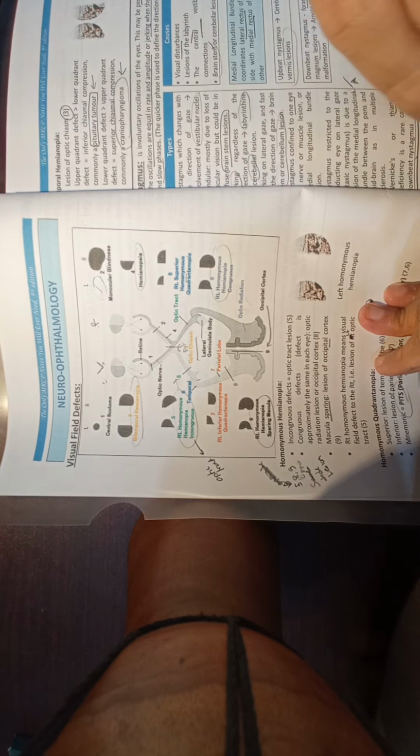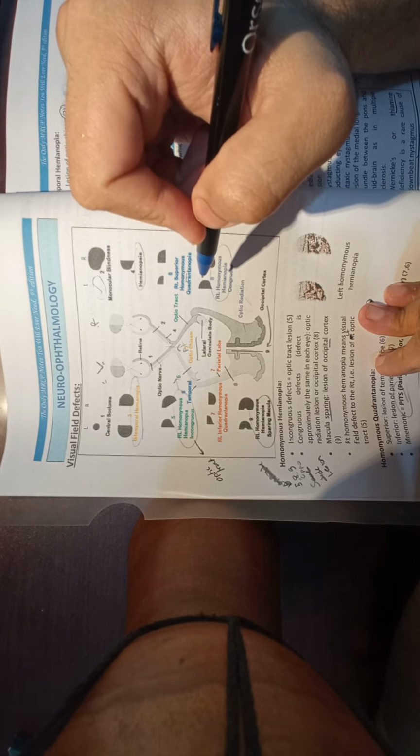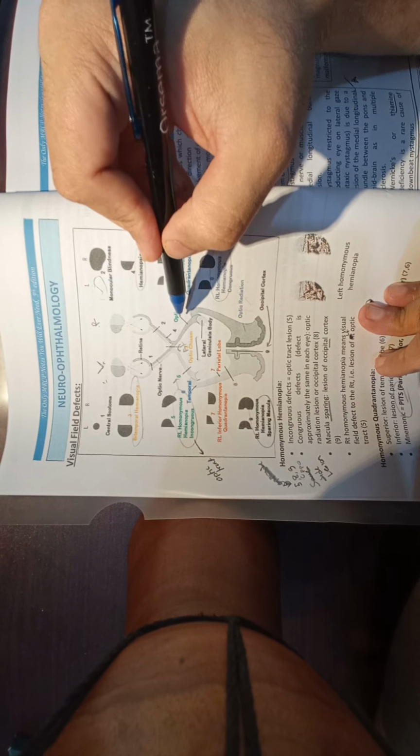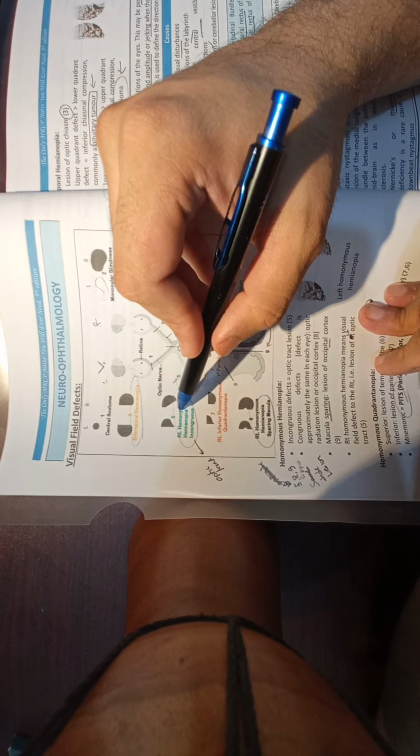Even from down here after the optic chiasm, everything is opposite, the damage will be in the opposite side, as in the sides will be different. For example, as I was saying, the optic tract: the left optic tract is having the lesion, but the damage is on the right side, right homonymous hemianopia, right?